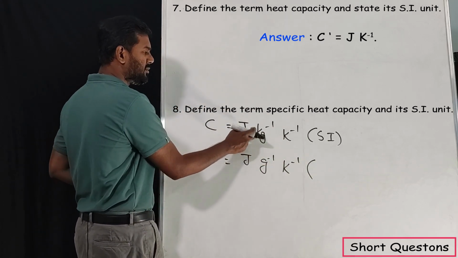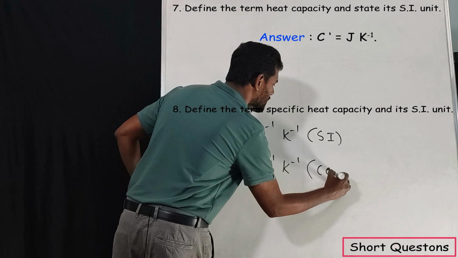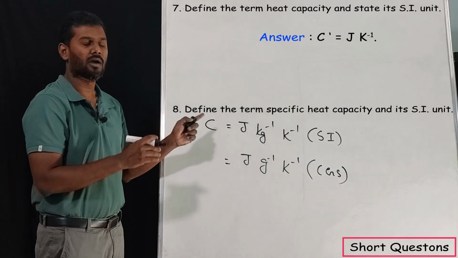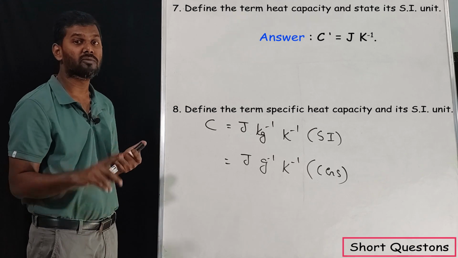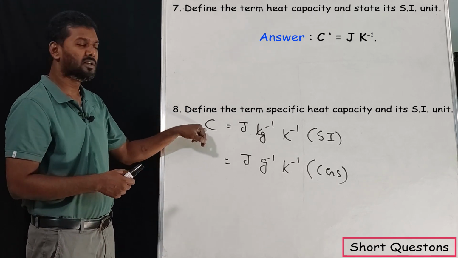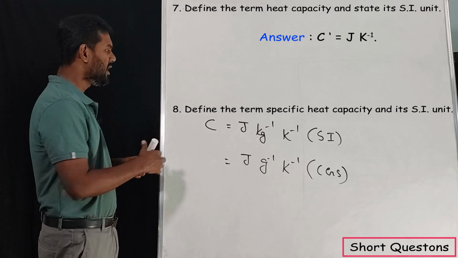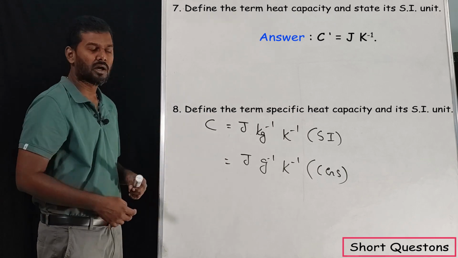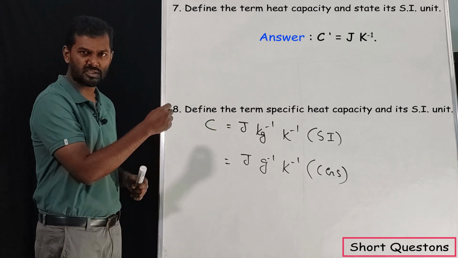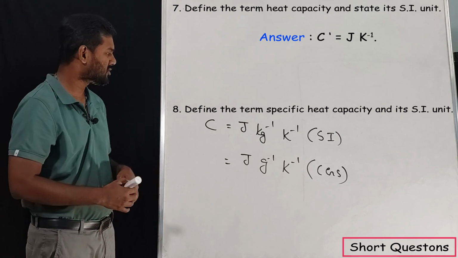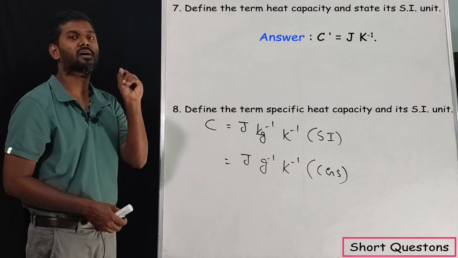Everything remains the same except this kg. So this is the CGS unit of specific heat capacity. The symbols are very important when it comes to numericals. So C is specific heat capacity. If you write one more dash on the head, just a dash, that is heat capacity. So be perfect while learning the concepts.